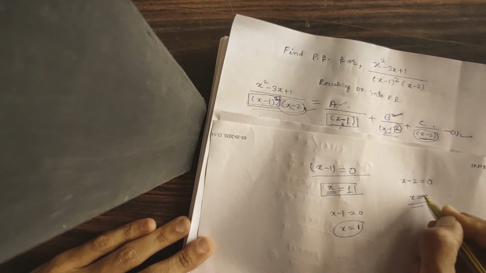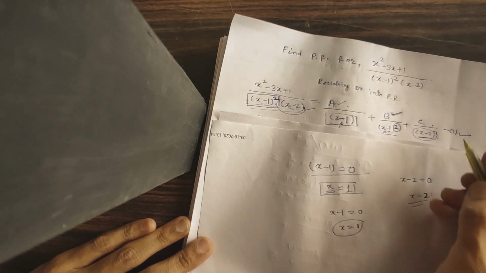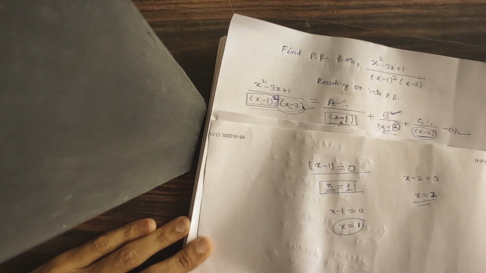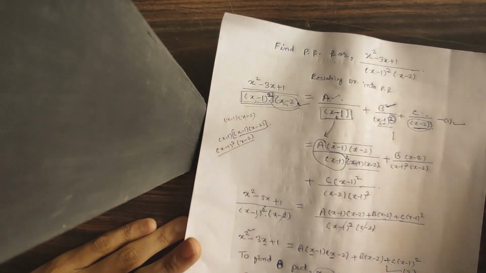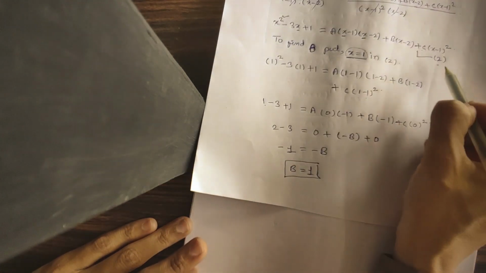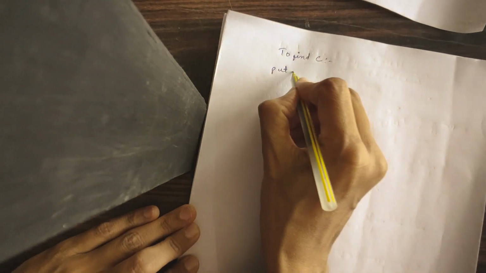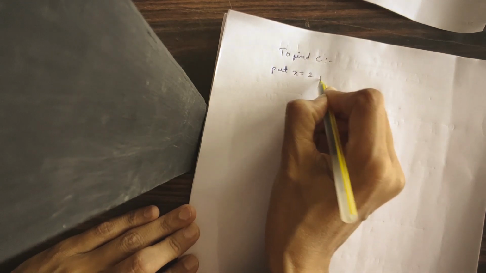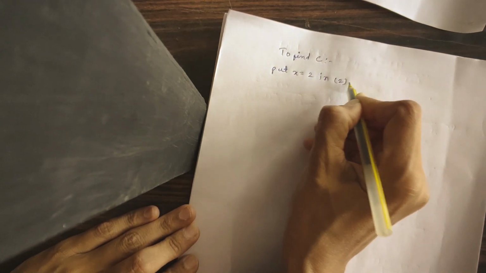So when I substitute x equal to 2 in equation 2, I will get the value of c. So I am substituting x equal to 2 in equation 2, here in this equation.